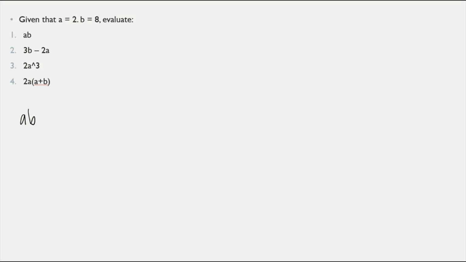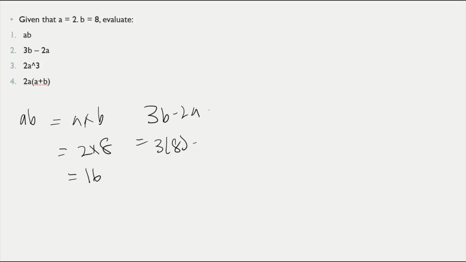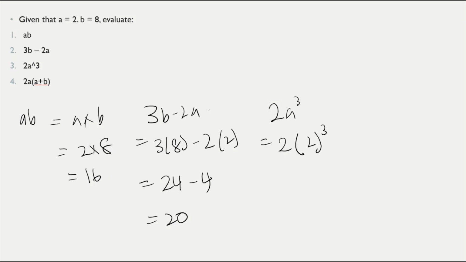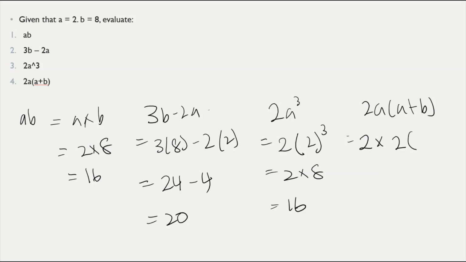So ab would be a times b, which is 2 times 8, 16. 3b minus 2a would be 3 times 8 minus 2 times 2, which is 24 minus 4 gives you 20. 2a to the power of 3, 2 times 2 to the power of 3, which is 2 times 8, gives you 16. 2a times a plus b, 2 times 2 times 2 plus 8, which is 2 times 2 times 10, which is 40.